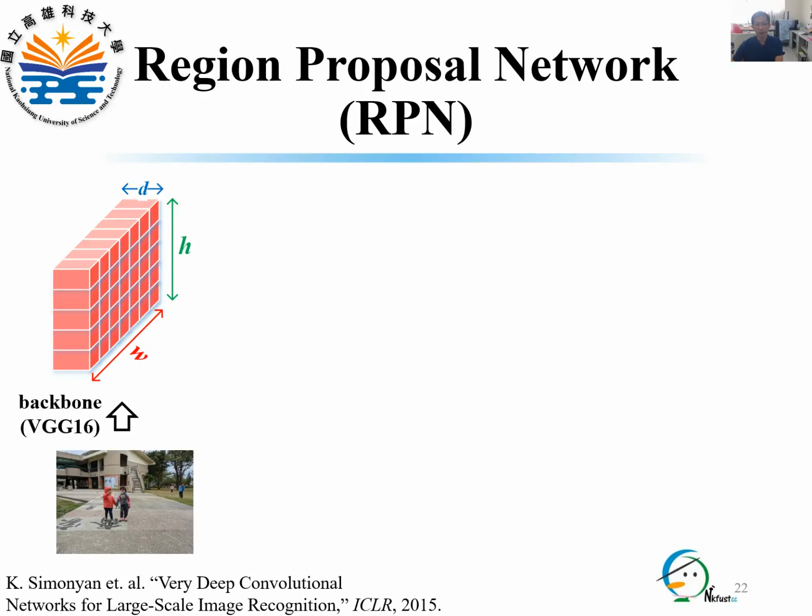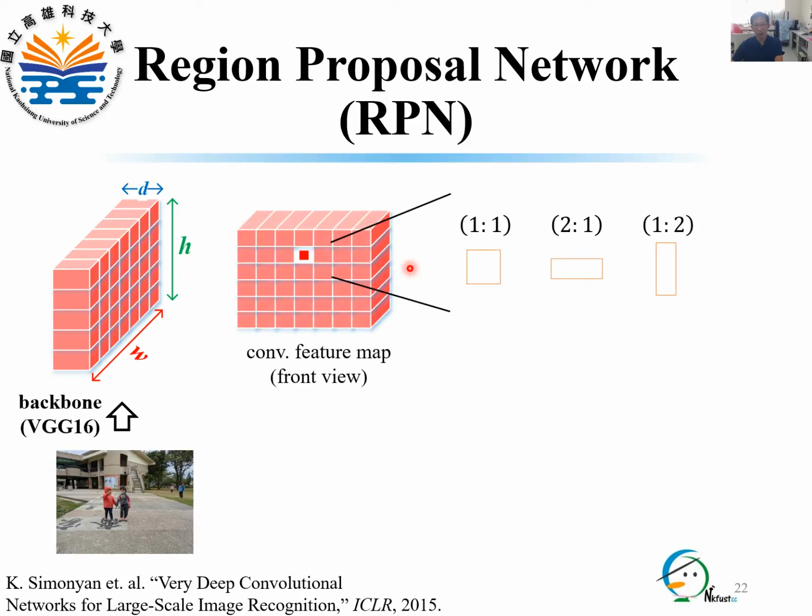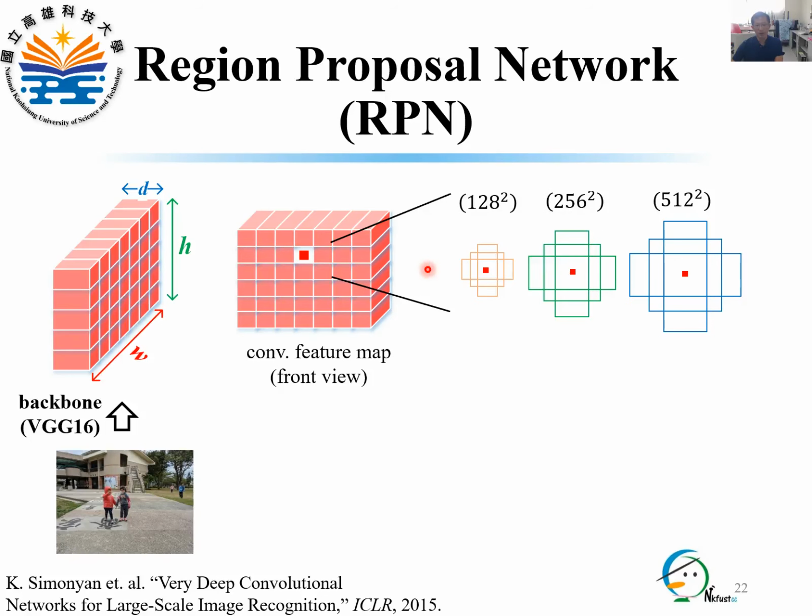Here shows the processing flow of RPN. For a convolutional feature map obtained by a backbone, for example VGG16, we attach each point with 9 anchors in 3 different aspect ratios and 3 different sizes.